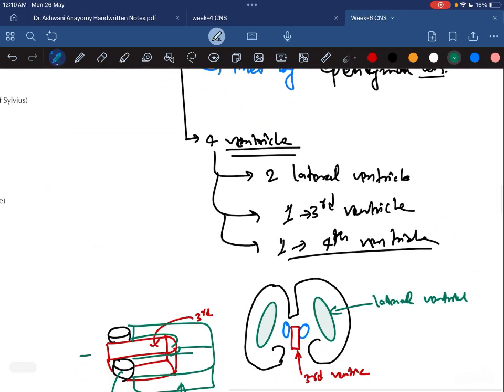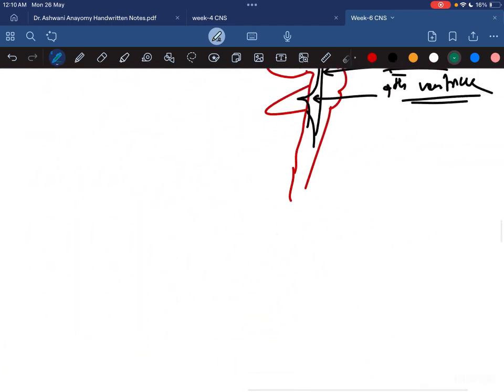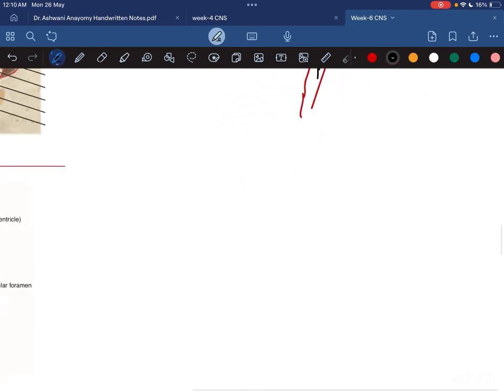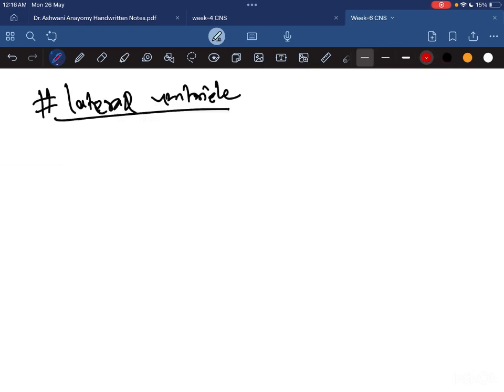Now moving on, first we need to discuss the lateral ventricle. Our topic is the lateral ventricle. The lateral ventricle has right and left portions.